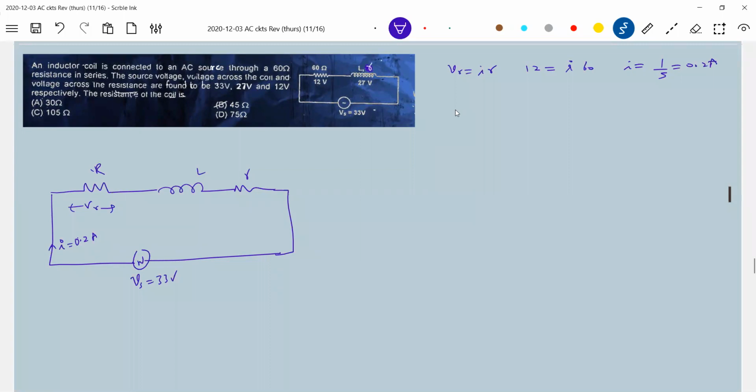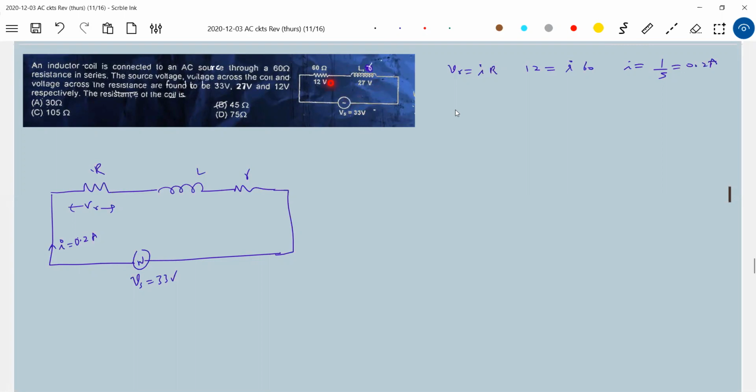Small r is the resistance of the coil. There's a symbol which is a standard one, let me retain that one. Okay, I got the current. And as they are in series, the same current should flow, no? The same current should flow.